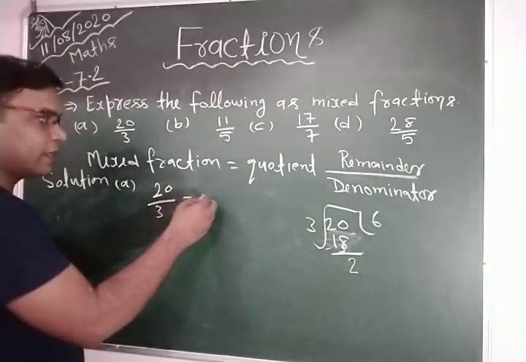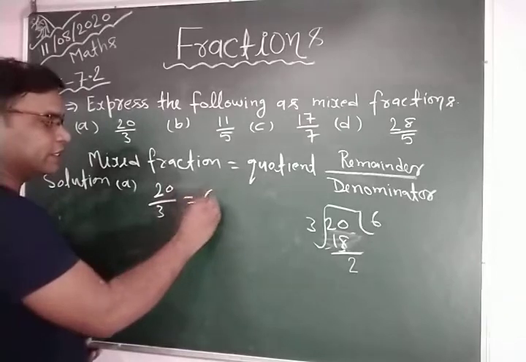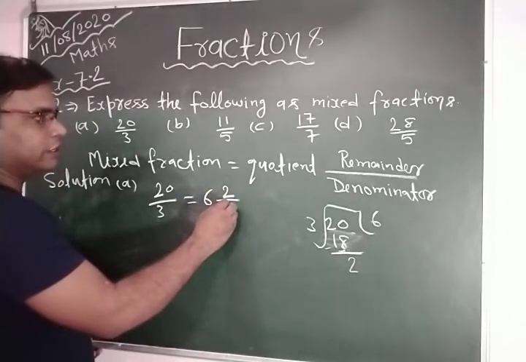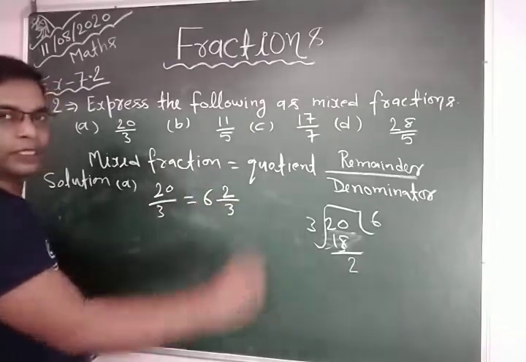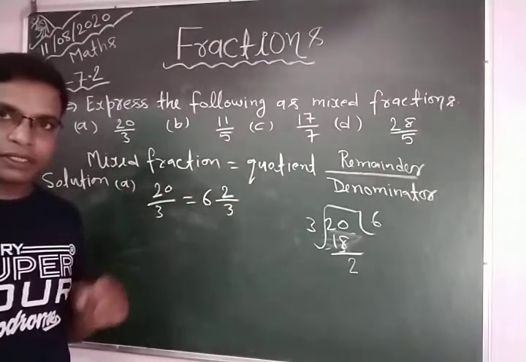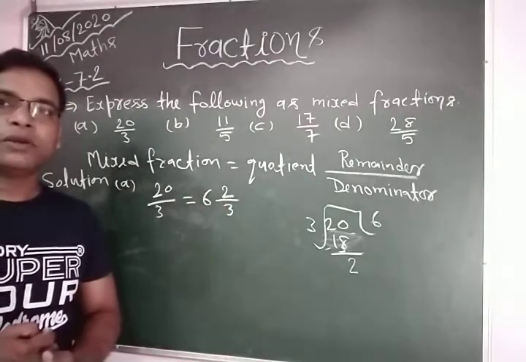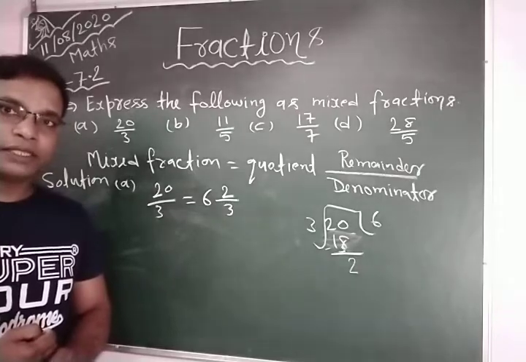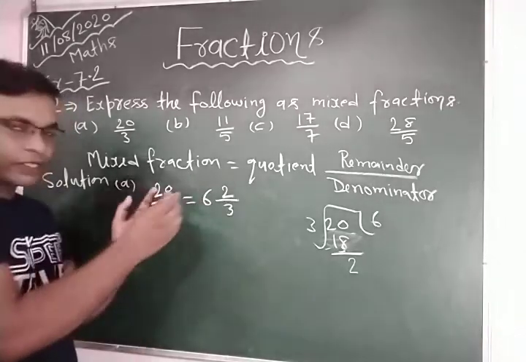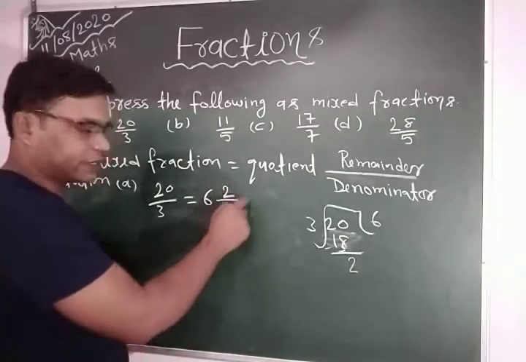So 20 by 3, an improper fraction, changes to a mixed fraction equal to 6 whole 2 by 3. This is the whole number, and the mixed fraction consists of two parts: a natural number and a proper fraction.